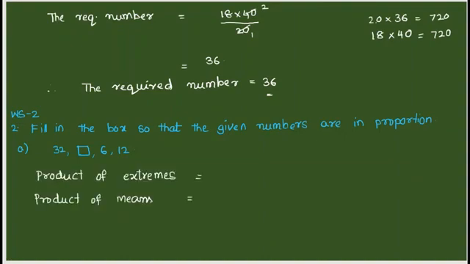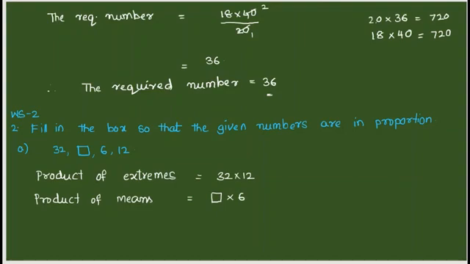So here product of extremes, you can observe here 32 and 12. 32 is multiplied by 12. Either you can multiply or you can keep it like that only. Product of means, here we have one unknown number, the box, that we write as it is, multiplied by another mean, 6.